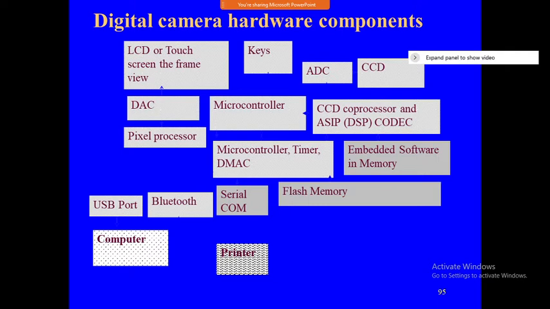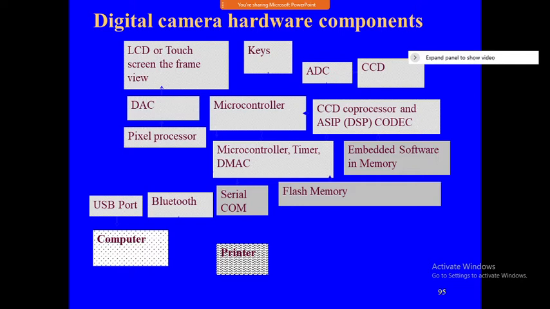Whatever images there are, they are stored in digital form. Whenever it captures, it is in analog format, so analog to digital conversion is done and then it is stored. And whenever you send signals, you send them from digital to analog, and we move the data from one place to another.